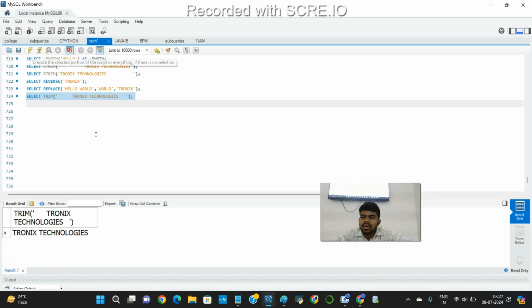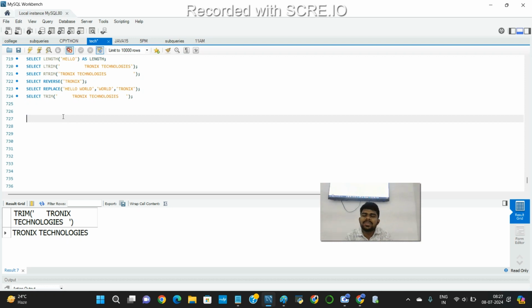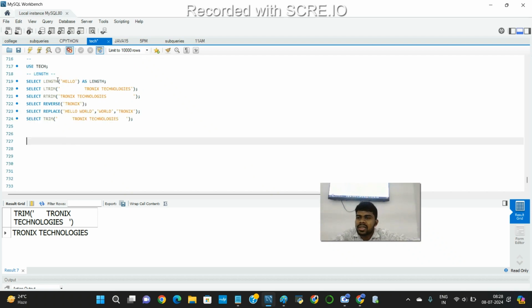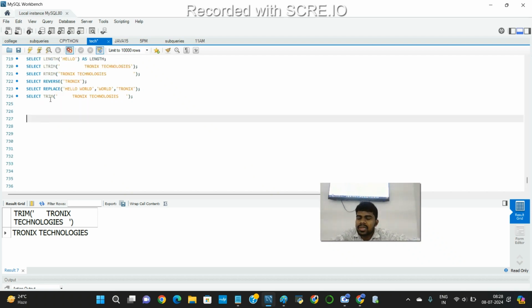Yes, it is going to remove the white spaces at the beginning and similarly at the end of the string. This is the purpose of the TRIM function. So we discussed length, trim, reverse, replace.